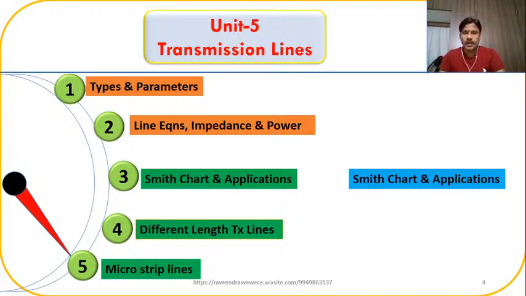Depending upon what type of load impedance you are connecting, that means where you are taking the output from the transmission line, there are different types of transmission lines. First we will see those three different types, then we will go for the Smith chart.